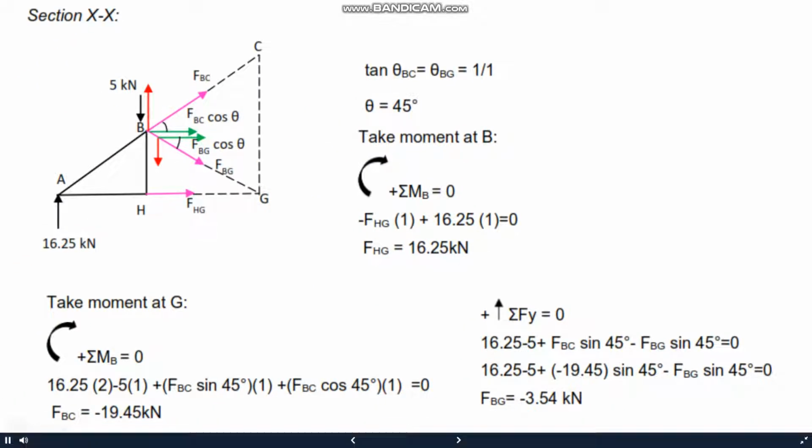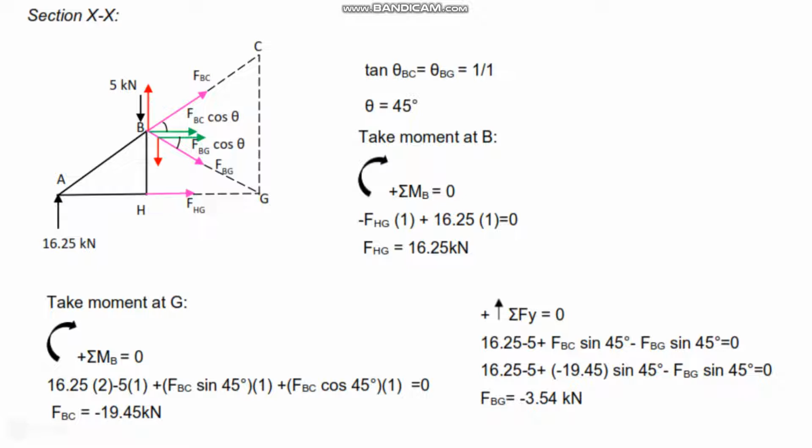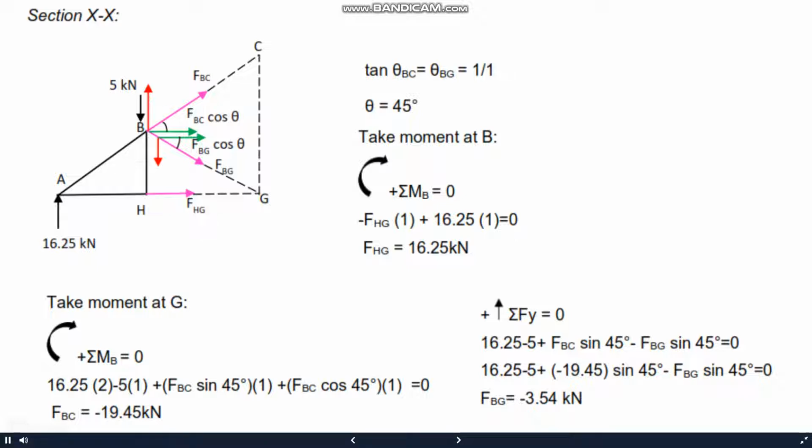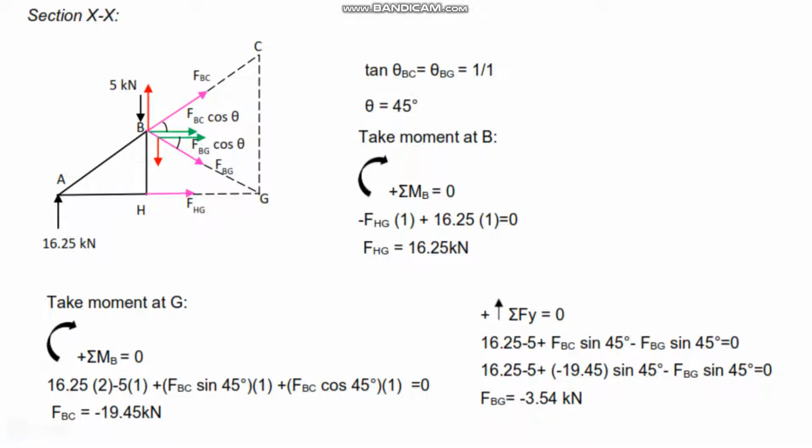In the XX cutting section, we can find the unknowns FBC, FBG, and FHG. The intersection of FBC and FBG is at point B, while FBG and FHG intersect at point G. Then we have to find theta BC and theta BG, and I get 45 degrees.